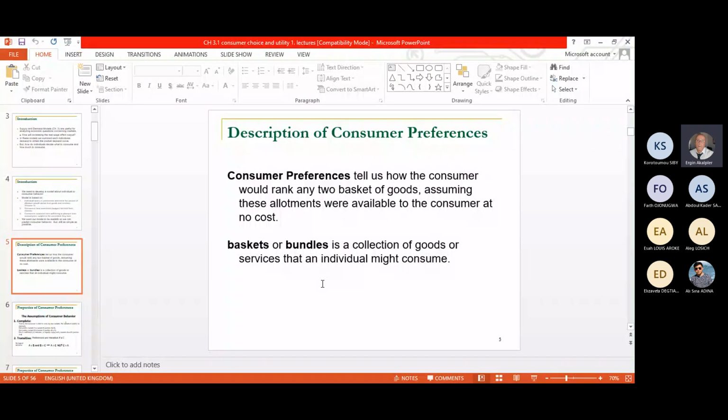Therefore, we are going to summarize it and make it simple, to understand how this affects and changes consumer utility and, of course, preferences.